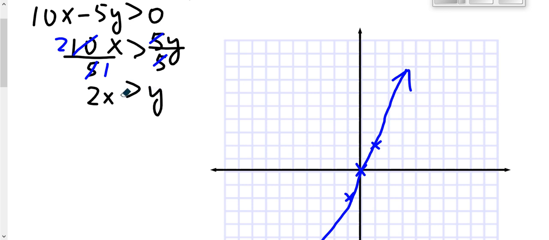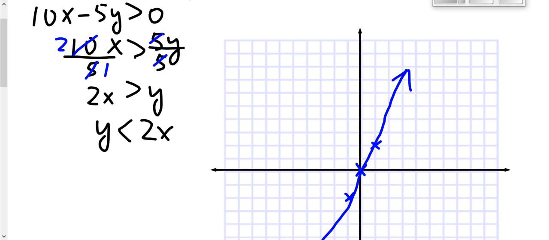Actually, this means y is less than 2x. Of course, you can say 2x is greater than y, but if you recall what I mentioned for the last question, we always look at this with respect to y. So you may want to flip this around, of course changing the sign. So you can write that as y is less than 2x. Have a look.